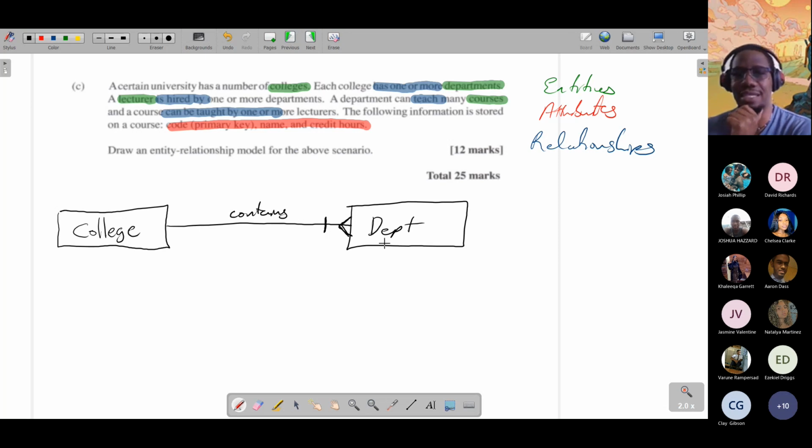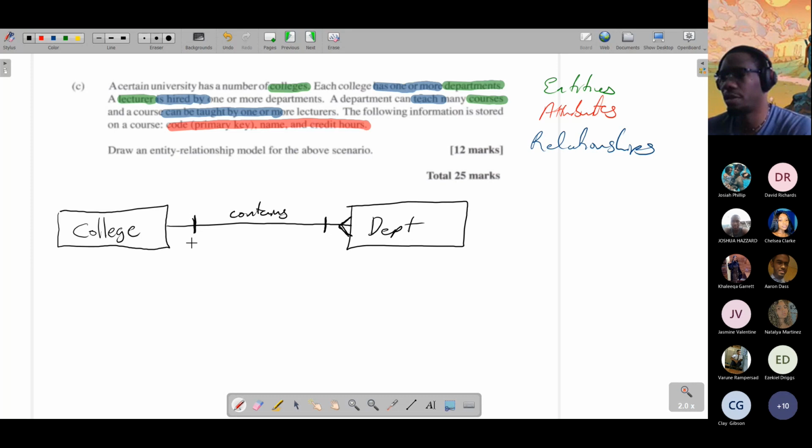And a department, can a department exist without belonging to a college? In this scenario, no, sir. So a department must belong to a college.